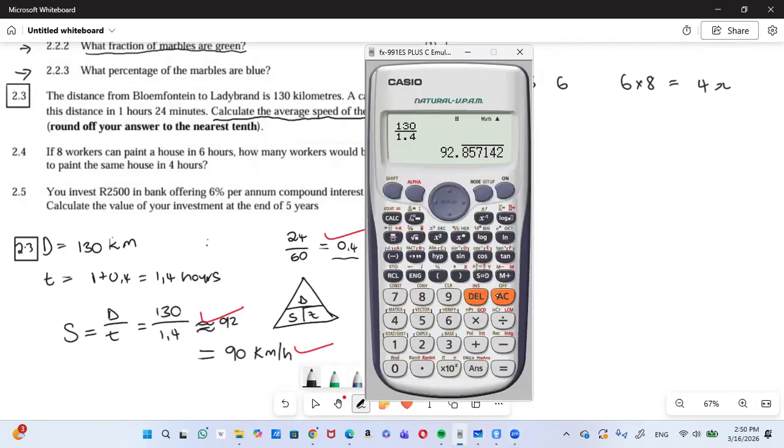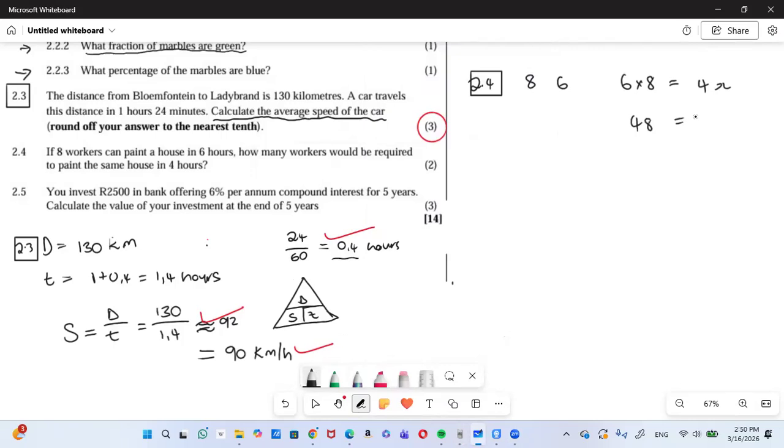Quickly go to our calculator. 6 times 8, we get 48. Then you divide both sides by 4, so you can get rid of this 4. So finally, our x in this case will be 12 people. So if we have 12 workers, it means that we'll be able to work for 4 hours.